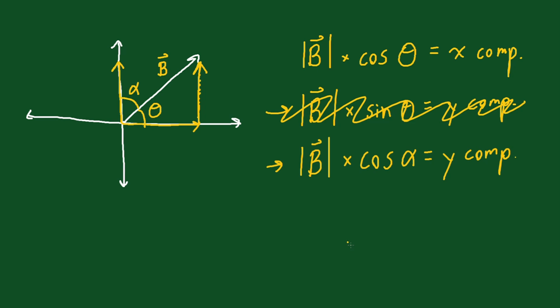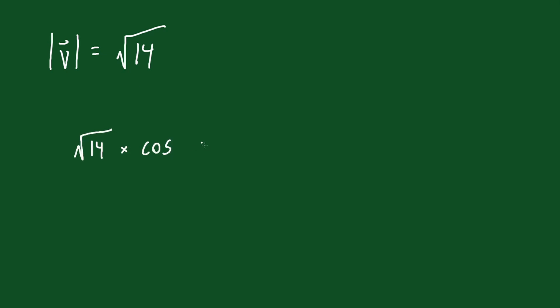And sure enough, that's true. If, for example, we have our vector, and I'll use the same vector we used in the last example, where the magnitude of vector v we figured out was the square root of 14, and I'll use that as the exact magnitude in this case. If that's our magnitude, and we want to figure out the components in the x, y, and z direction, all you have to do is take that magnitude, root 14, and multiply it by cos of the angle made between the vector and the x direction.